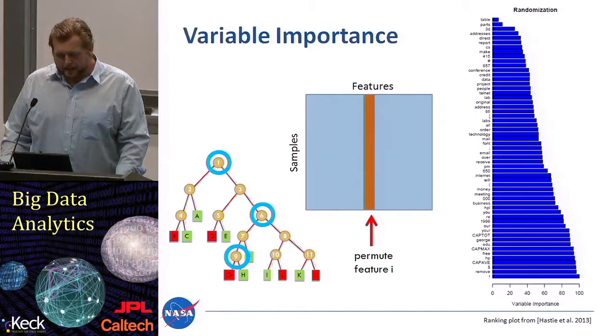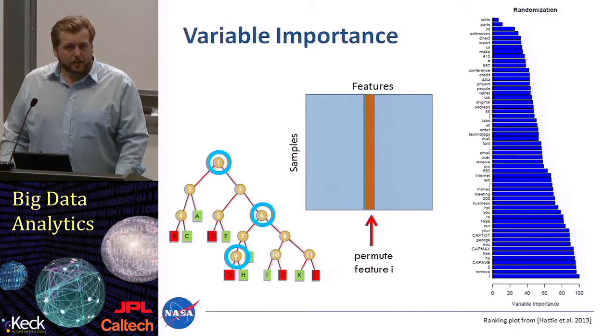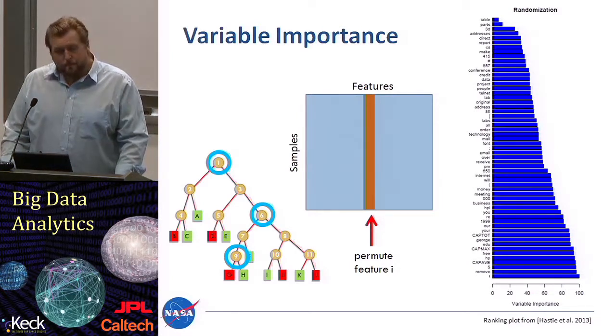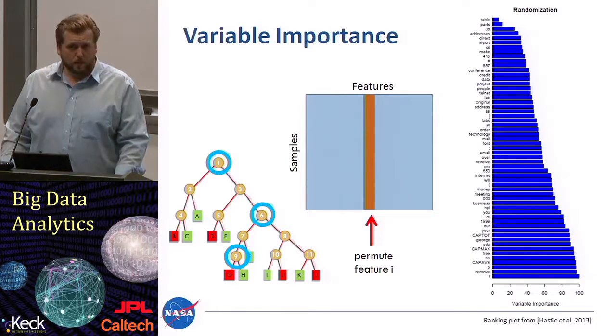So in practice that's done by, after learning a random forest, one can use the out-of-bag data to estimate the out-of-bag error as described in one of the previous modules. And now we can go ahead and actually permute features one by one and then measure how the performance of the random forest ensemble goes down. And the more it goes down, the more important the feature was.